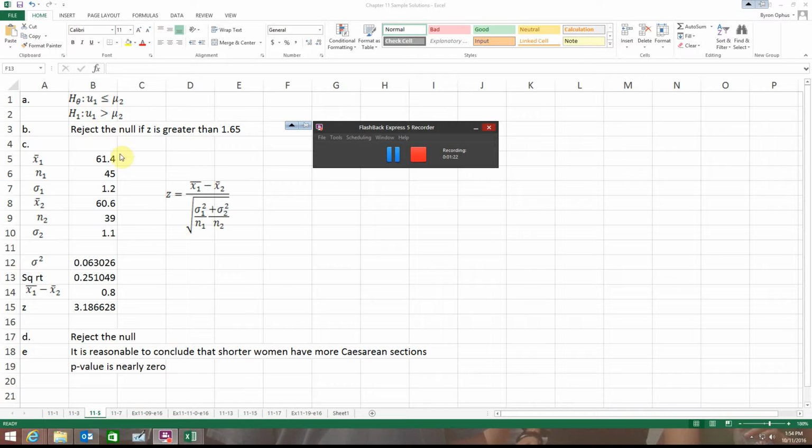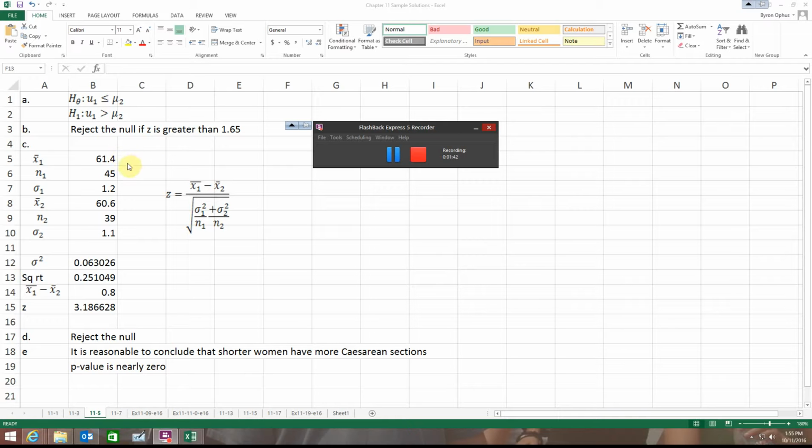Then we have to state, because you got to read this one, it's a little bit tough. Let's see, are those who had cesarean sections shorter? And use the 0.05 significance level, find the p-value, etc.